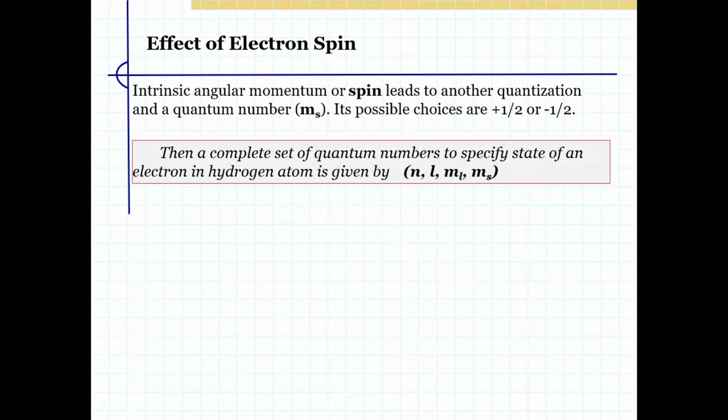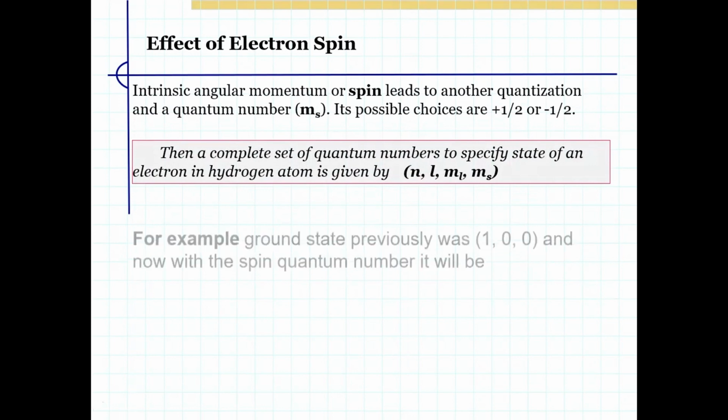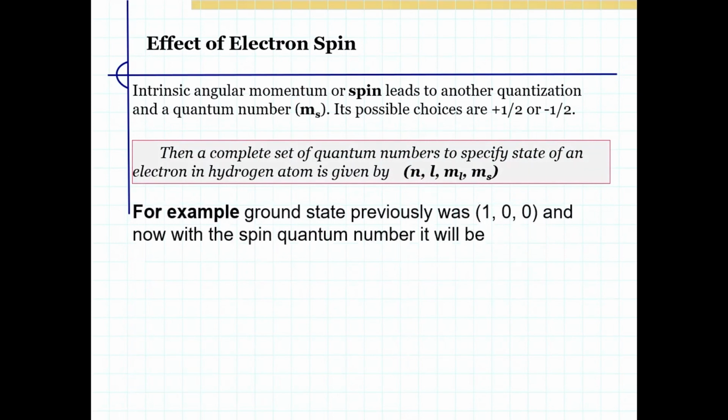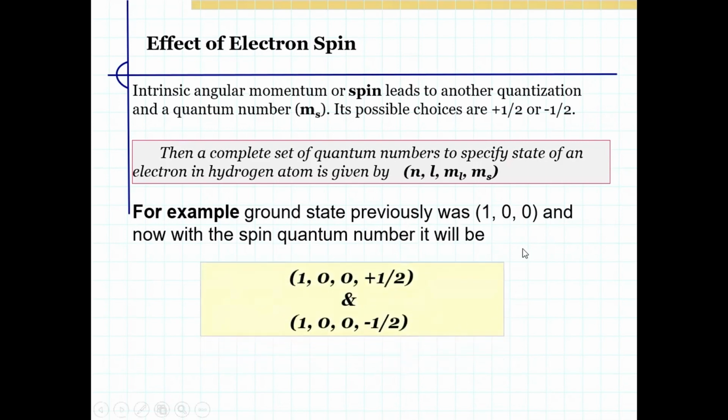Therefore, the complete set, which is going to describe the hydrogen atom's electron, is given by n, l, ml, ms. So, for example, the ground state that was previously available to us as 1, 0, 0, now due to the presence of the spin, we come to know that this is not really one state.